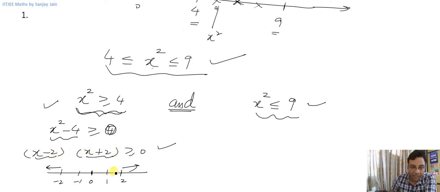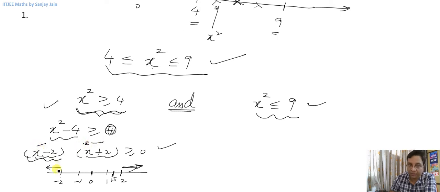But if I put any number between -2 and 2, let us say 1.5, this bracket will become negative, so it will not satisfy it. And if I put anything beyond 2, both brackets will be positive.